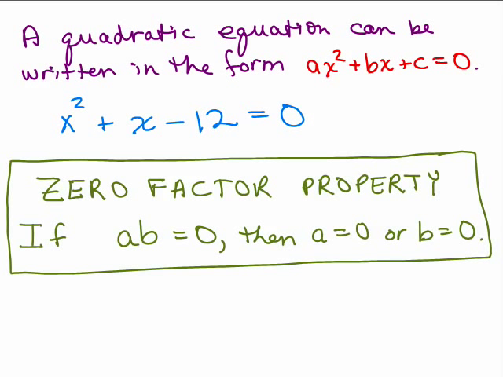Now, that's not the A and B up here in the quadratic equation. What it's basically saying is if you have two numbers, let's say, that when you multiply them together you get 0, then one of those numbers must be 0. For instance, if I have two numbers and I say it's 0, well, it can't be like 1 times 5.